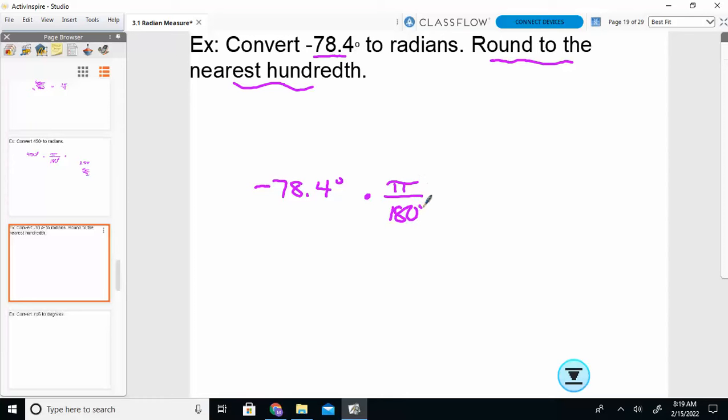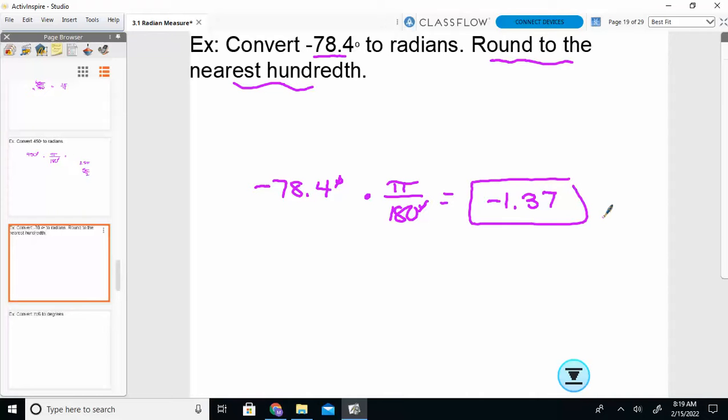We want to cancel the degrees, so again we just multiply by pi over 180. I'm just going to type all of this in my calculator: negative 78.4 times pi divided by 180. Nearest hundredth is 2 decimal places, so I get negative 1.37.